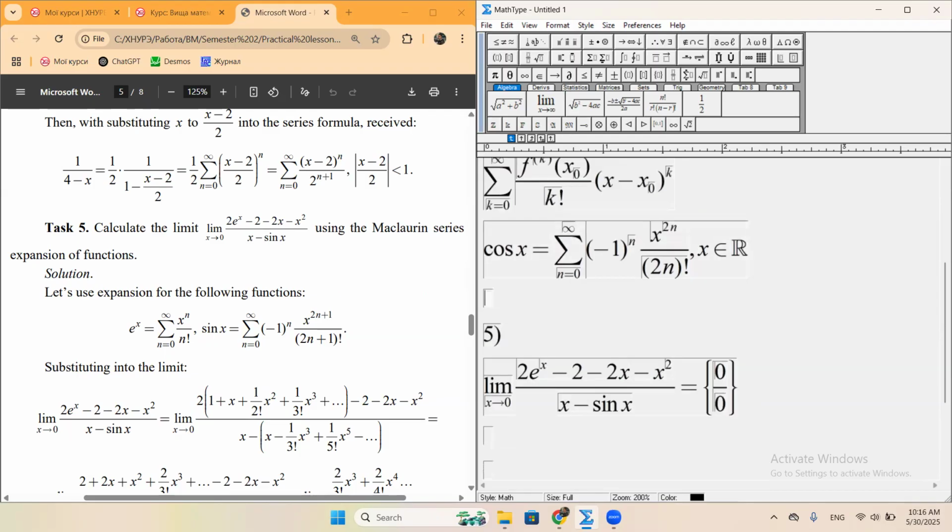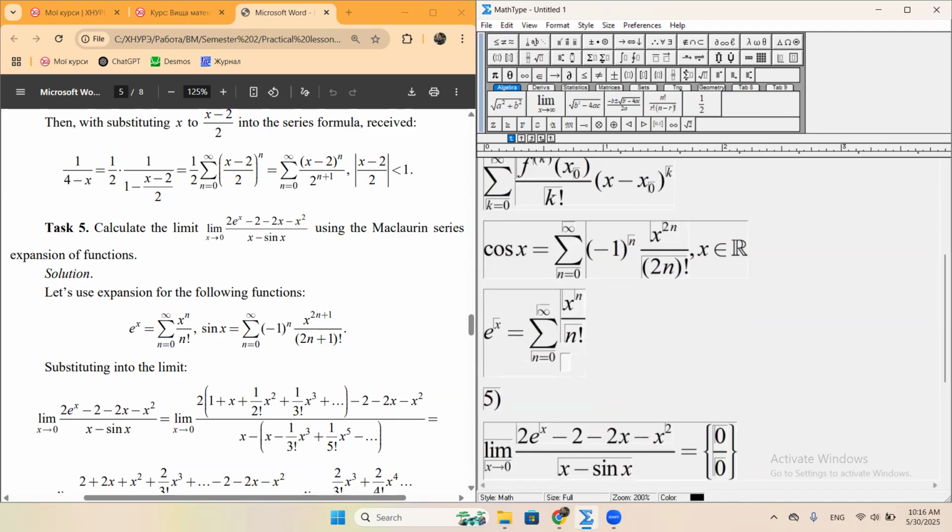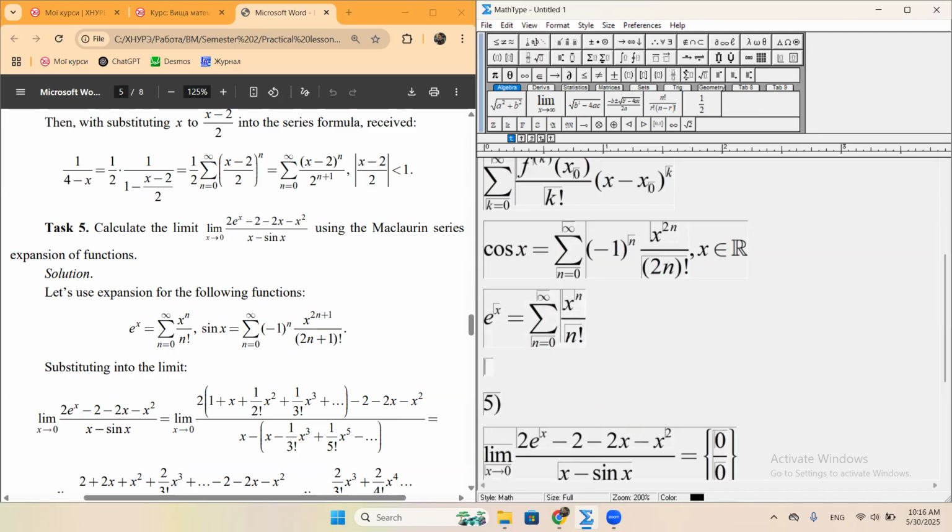Let us use the standard expansions. So e to the power of x equals the following: the sum for n from 0 to infinity of x to the power of n over n factorial. And what about sine of x?